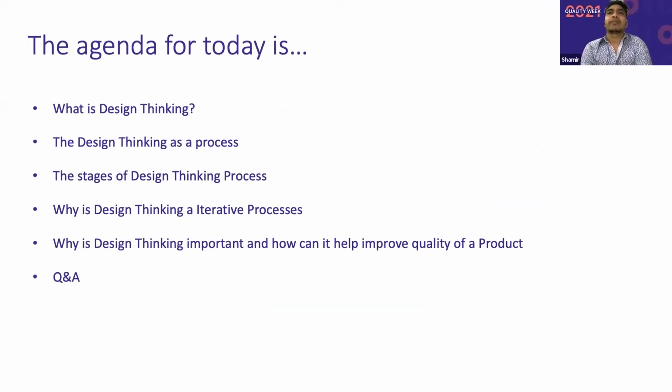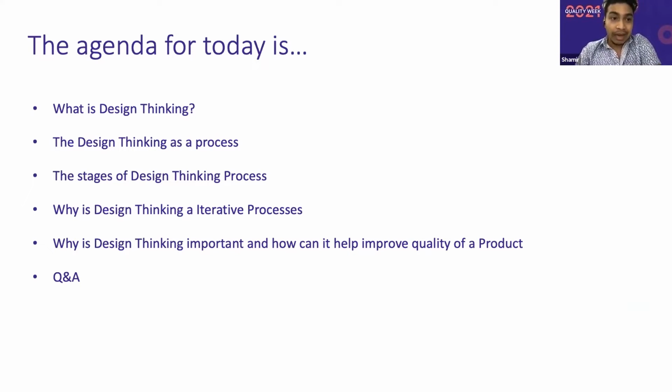Let me first touch base upon the agenda for today. The agenda is: what is design thinking, design thinking as a process, the stages of the design thinking process, and why design thinking is an iterative process. I'll explain briefly what these terminologies mean if you might not know.